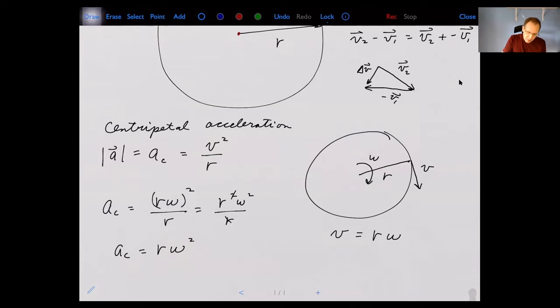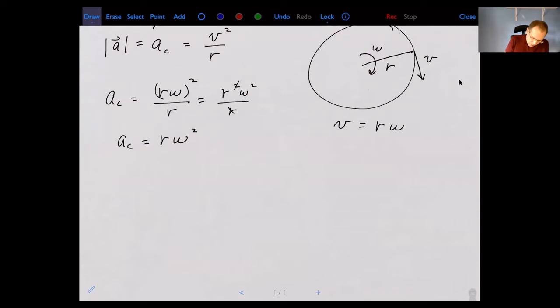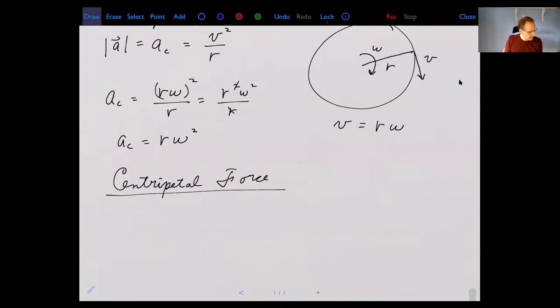Okay, so that brings us to centripetal force. What is the centripetal force? Well, basically, it's the net force that causes the centripetal acceleration. Again, it's going to be directed towards the center of the circle. The way you can think of it is it's the sum of all the forces in the radial direction, and it's equal to ma, but the a here is the centripetal acceleration.